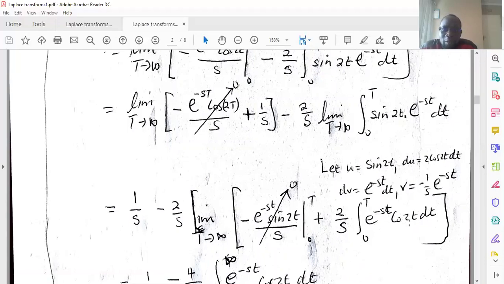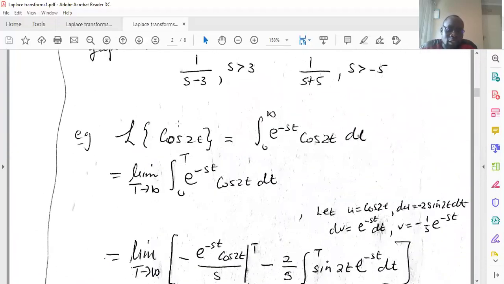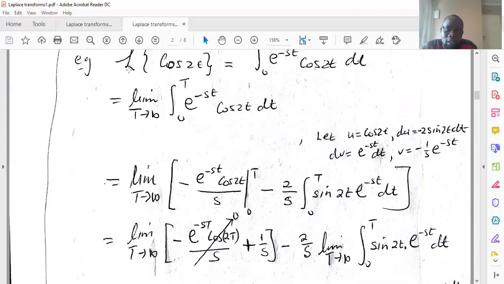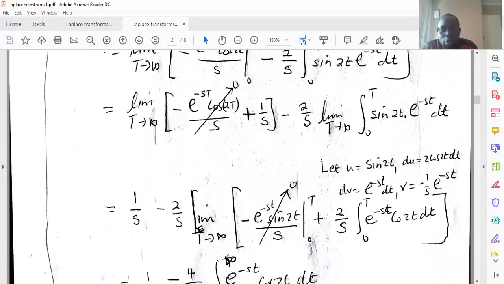So now we have gone back to the original cos 2t, which means we might replace that integral by just the Laplace transform of cos 2t at some point.